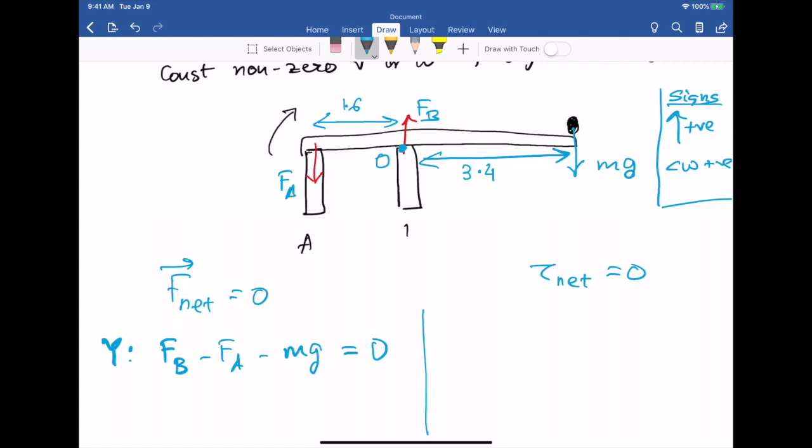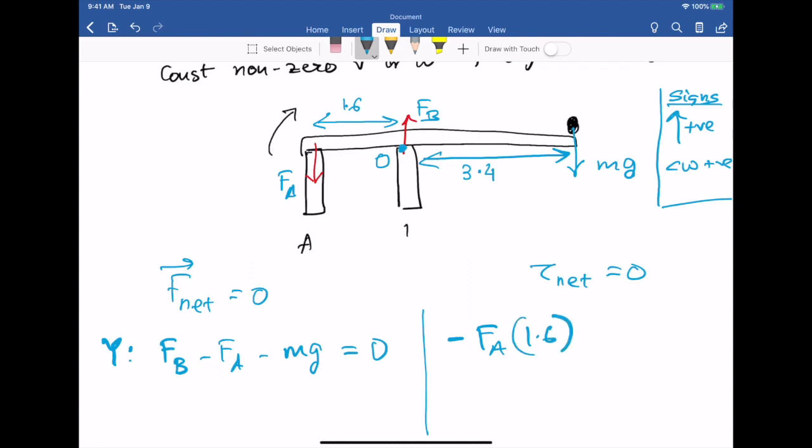What about Fa? Is it exerting a clockwise or a counterclockwise torque? Since Fa is acting downwards, about the point O, it's exerting a counterclockwise torque. And so that will get a negative sign according to our sign convention. So we get minus Fa times 1.6.